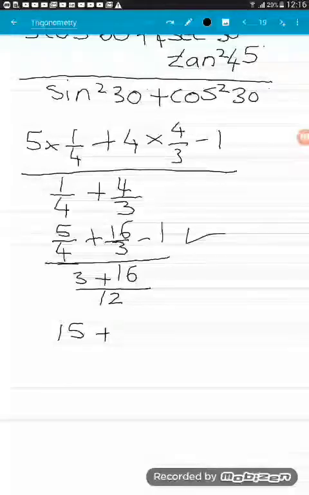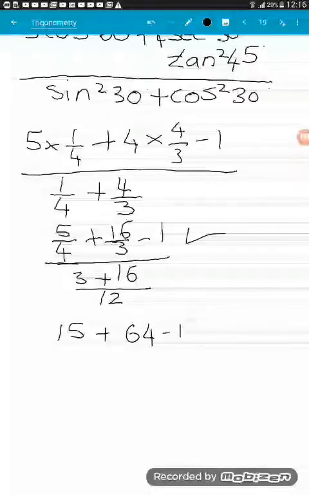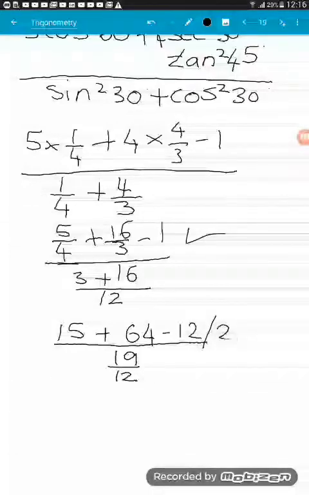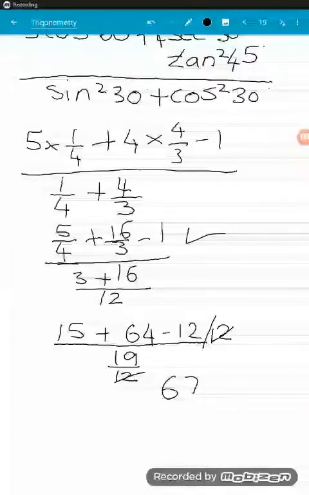So 15 plus 64 minus 12 by 12, over 19 by 12, and this 12 we can cancel. The numerator will become 67, so the answer will become 67 by 19.